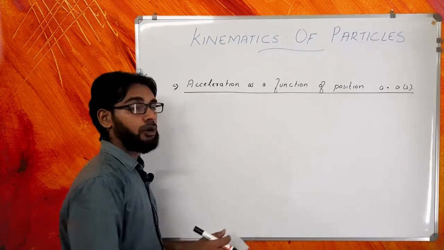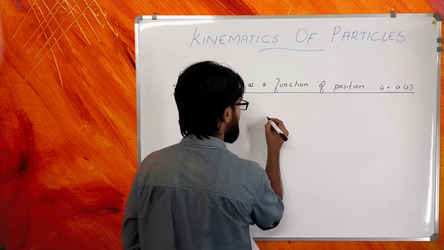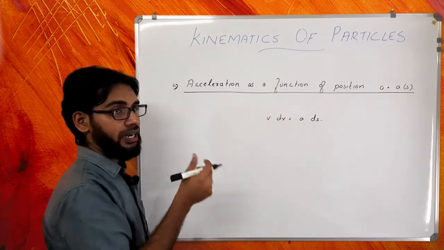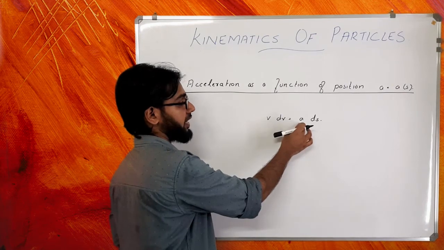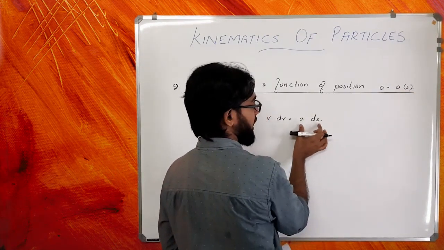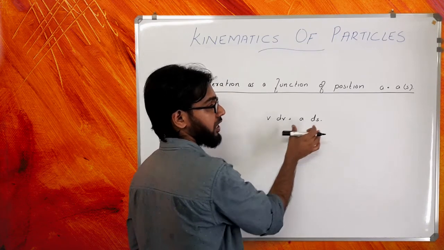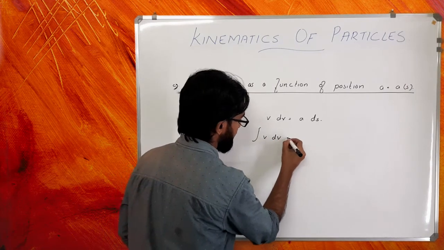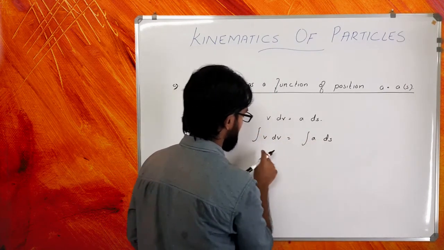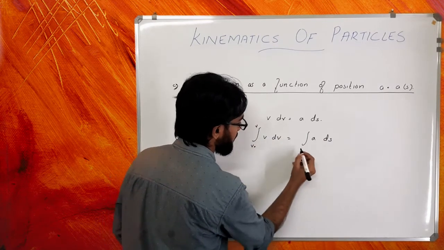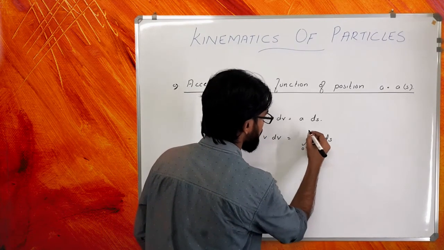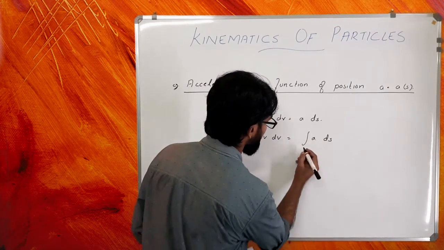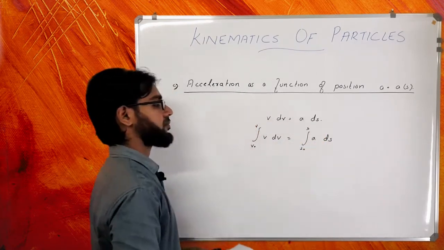So as such, we have the basic equation, the third basic equation, v dv equals a ds. Now why did I use this equation is because I know that a is a function of s, so hence I can integrate this together. Now if I integrate both sides, here the lower value v0 to v, here the lower value is s0 to s.